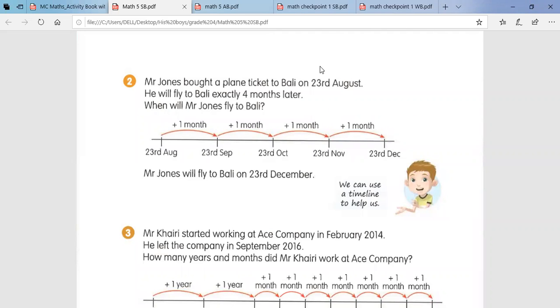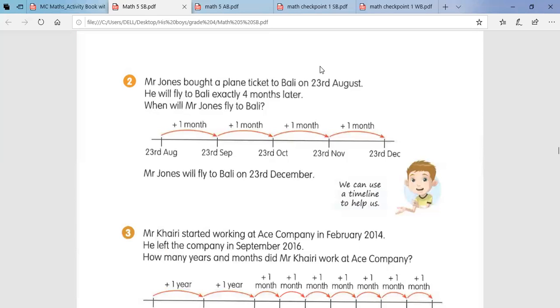He will fly to Bill exactly 4 months later. When will Mr. Jones fly to Bill? Here he wants to calculate from 23rd August until exactly 4 months later.